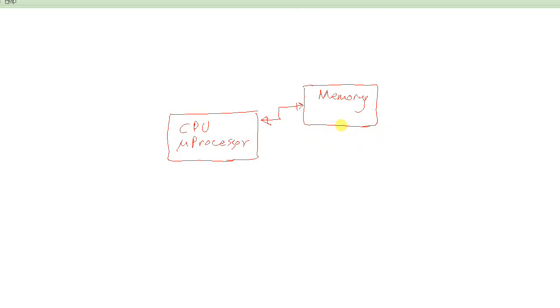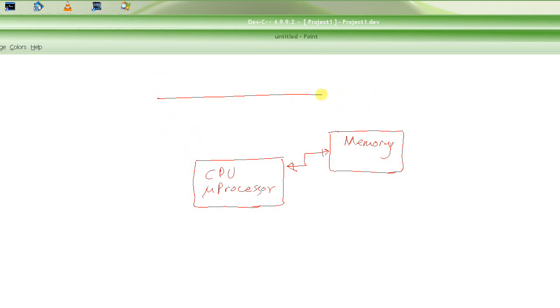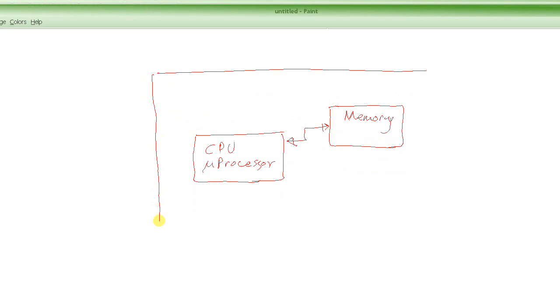The main reason that we have memory is to store stuff. The only problem is that whatever we are storing here, like programs or data, is all temporary. So these two actually are, let me draw the motherboard.